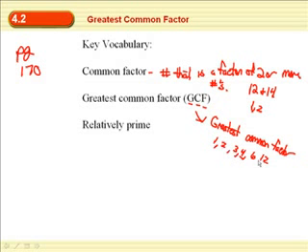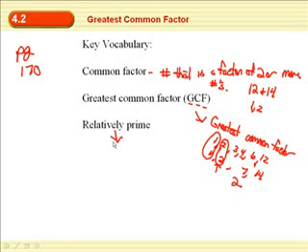Those are all the factors of 12. 1 and 14, 2 and 7, and I think that's it. Then these are the common factors, 1 and 2. What's the greatest common factor of 12 and 14? That would be 2. So that's greatest common factor, and we'll talk about different ways to get the greatest common factors, because sometimes it's not always best to factor them out. Sometimes that's the hard way to do it, so we'll talk about ways to do that.